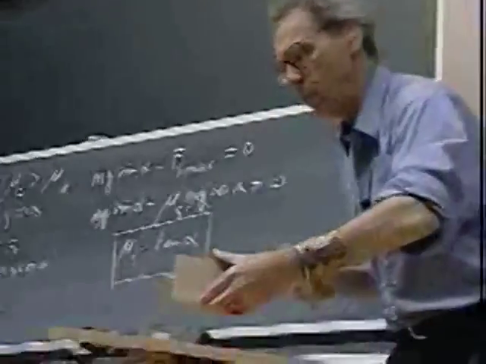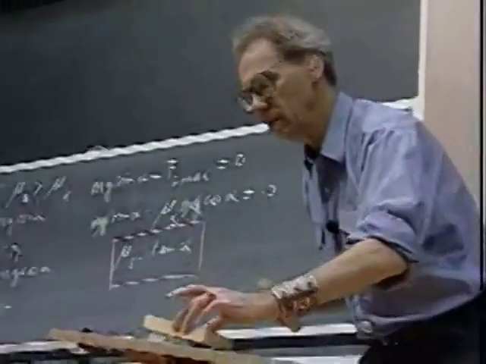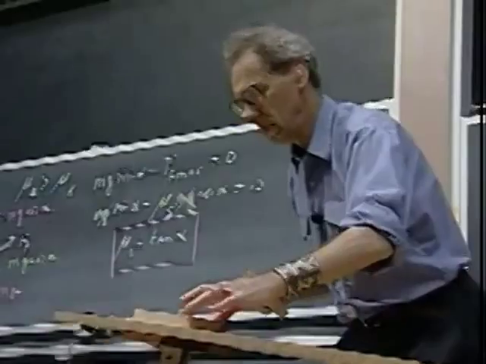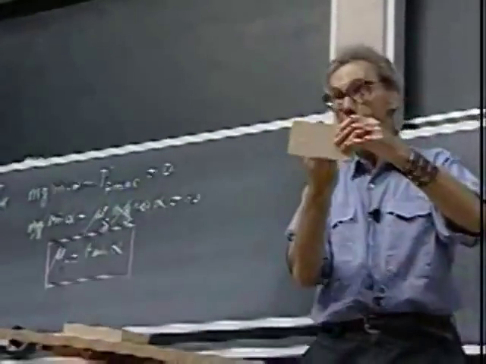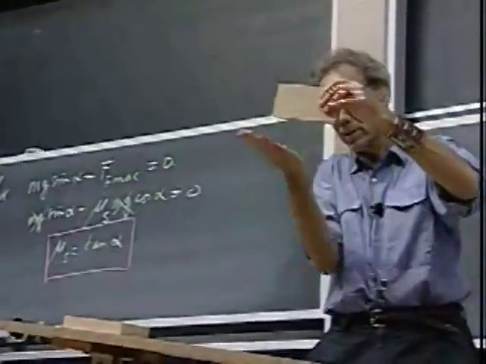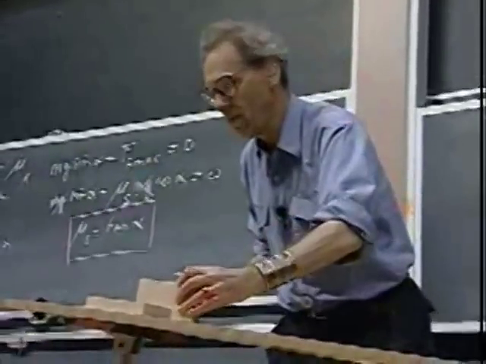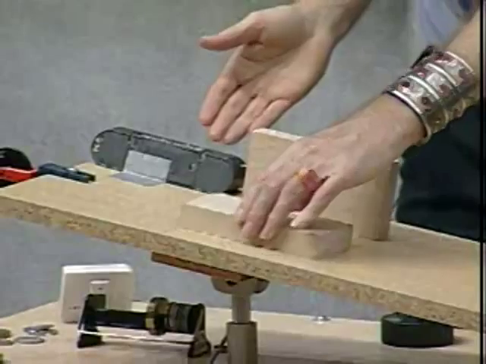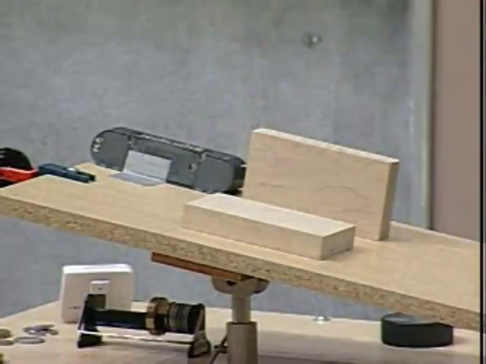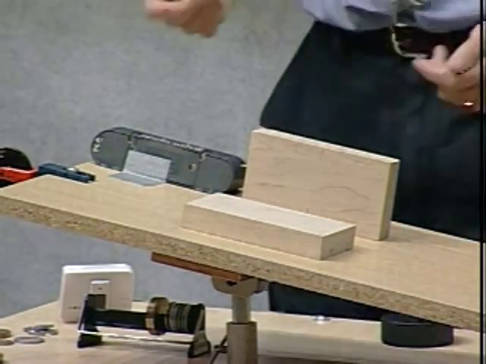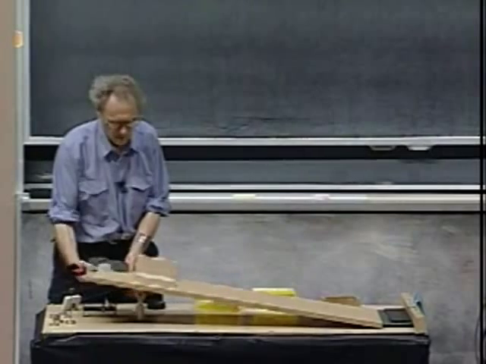I'm going to put the flat one here, and I'm going to put the same object but with its small area here. If indeed the friction coefficient is independent of surface area, then when I tilt them they should start to slide roughly at the same angle. So there we go.